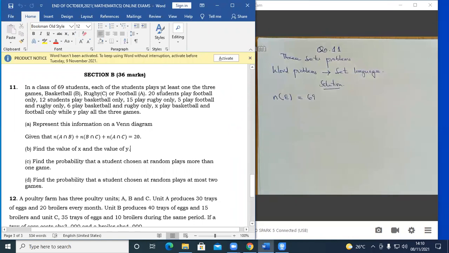Each of the students plays at least one of the 3 games. What does that mean? Who can give me the interpretation of this?